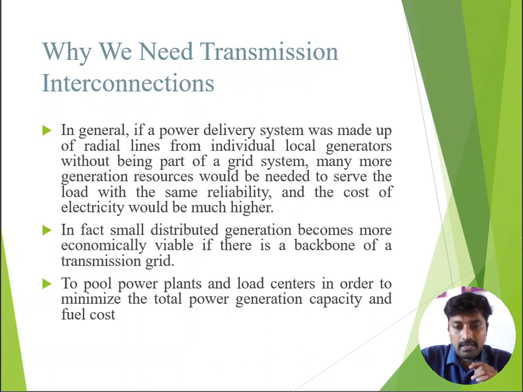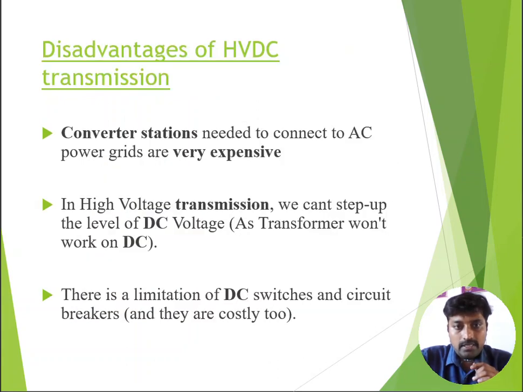Another major thing is power transfer from the surplus area to the deficient area, which is also due to the interconnections. These are some of the advantages and key factors of using transmission interconnections.